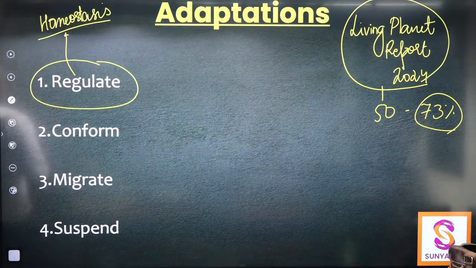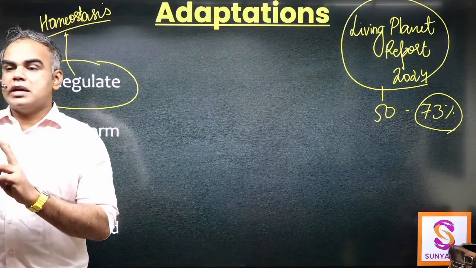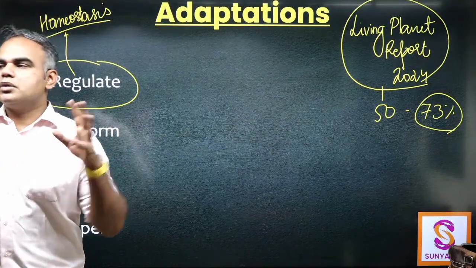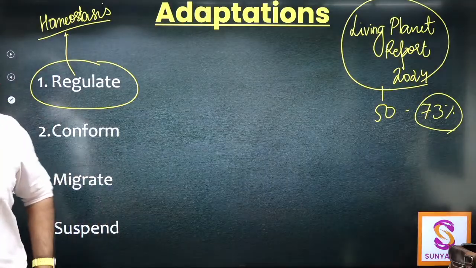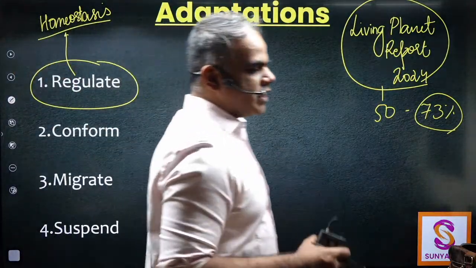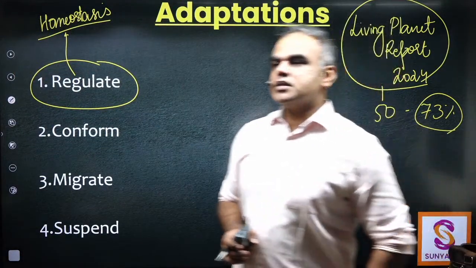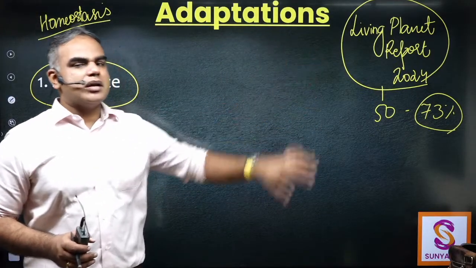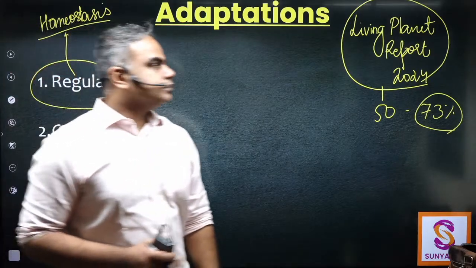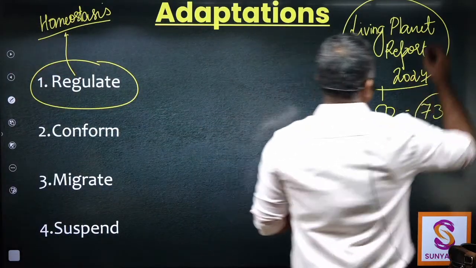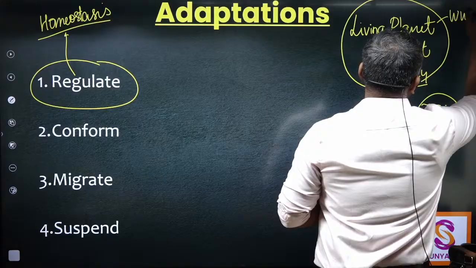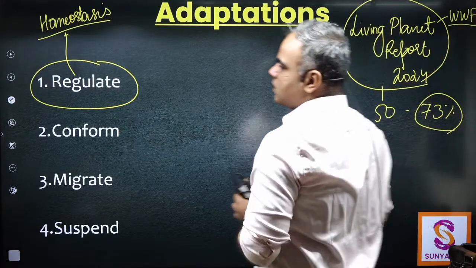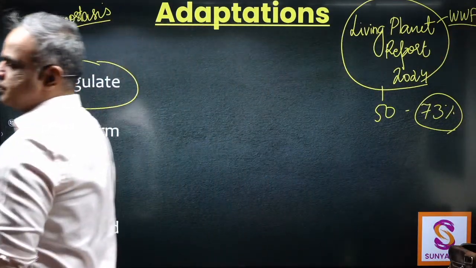That also tells you the element of pollution, the element of climate change, and of course, the human impact. Precisely because of cutting down of trees, cutting down of forests, habitat fragmentation, many things are happening. Okay, this is a very startling fact. Okay, and remember this report is published by World Wildlife Fund for Nature, WWF.